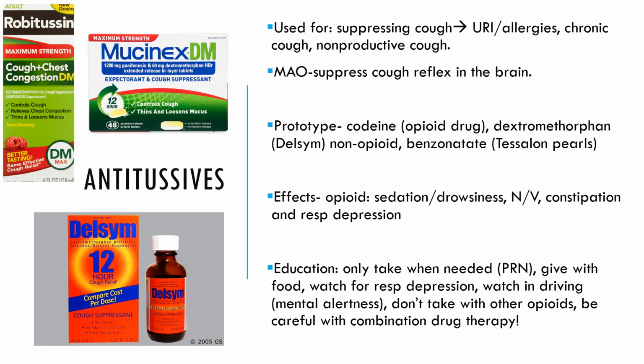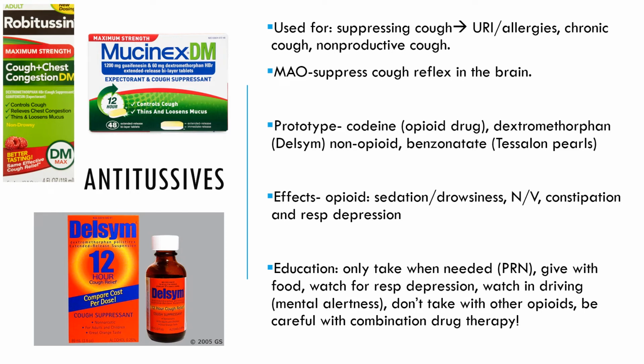All right. Antitussives. These are used for suppressing a cough, usually in our upper respiratory infections, allergies, chronic cough, or a non-productive cough. Do you see how I said that? Non-productive cough. If we are suppressing the cough reflex in the brain and we are stopping the cough, do we want to do this if our patient needs to cough up the crap?